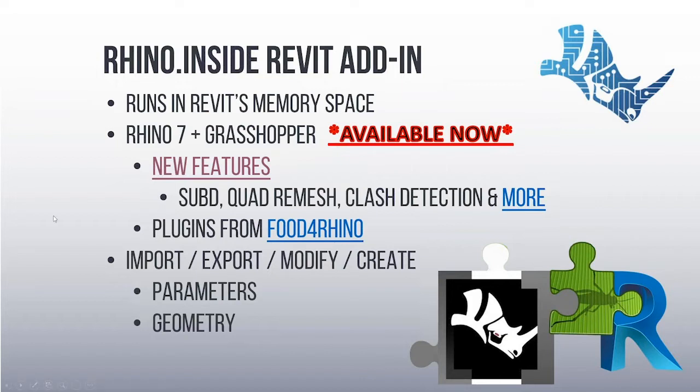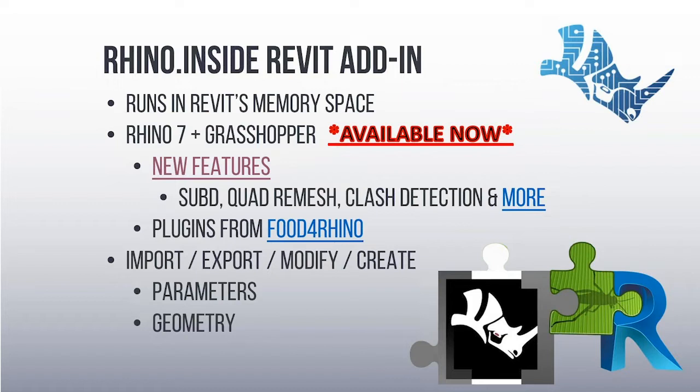And really what McNeel has done with Rhino 7, which additionally was silently released this week, so you can go ahead and grab that, is rebuild it so that it was a little bit leaner and it could run within the memory space of another .NET application. In this case, it's running as an add-in or a plugin within Revit.